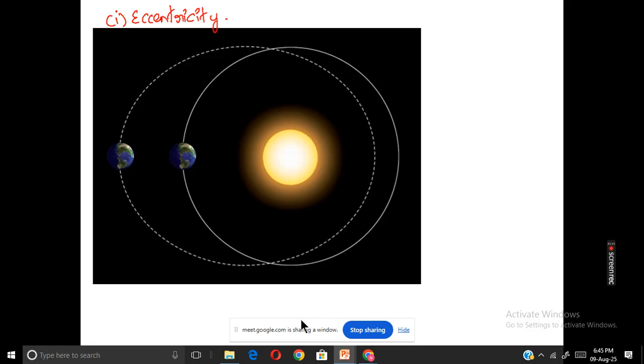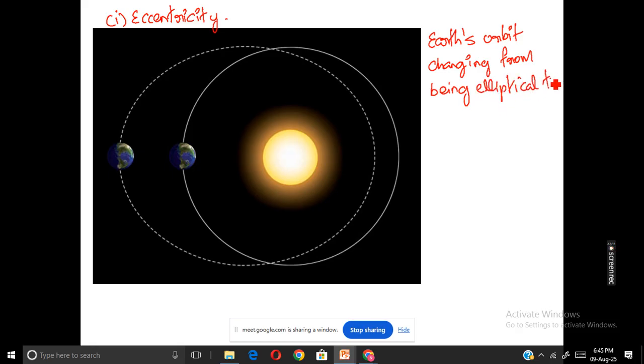So there is something called eccentricity, which is basically the Earth's orbit, which is generally elliptical, changing from being elliptical to nearly circular.